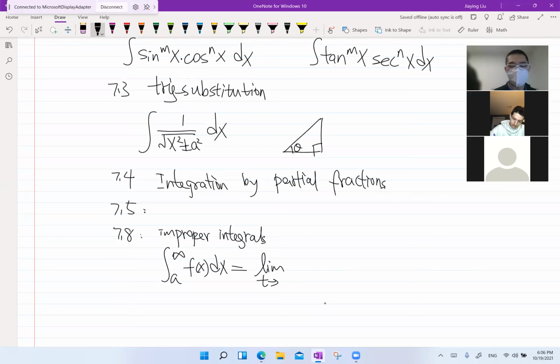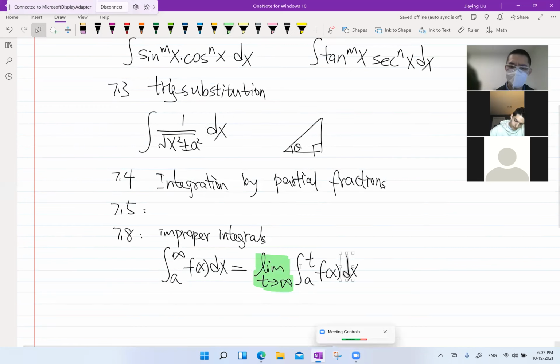Say you can call the infinity t. So say we want to take the limit as t goes to infinity of the integral from a to t of f of x dx. Make sure you apply the limit definition first, and then you can find the antiderivative and evaluate it from there.